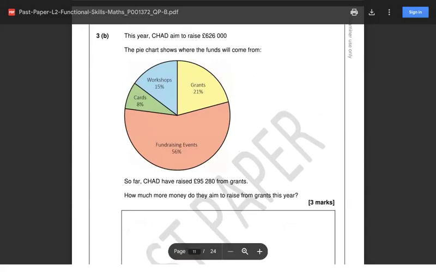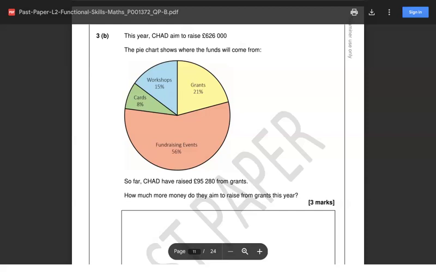This year, CHAT aims to raise 626,000. The pie chart shows where the funds will come from. So far, CHAT have raised 95,280 from grants. How much more money do they aim to raise from grants this year?